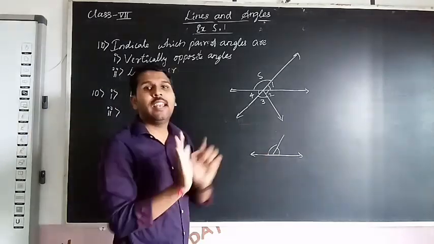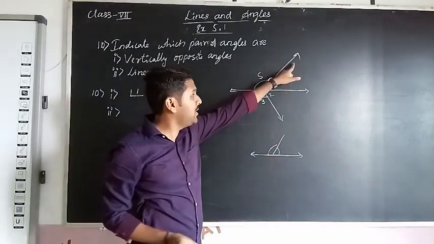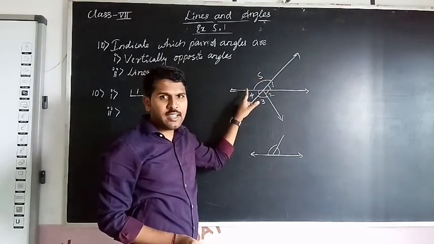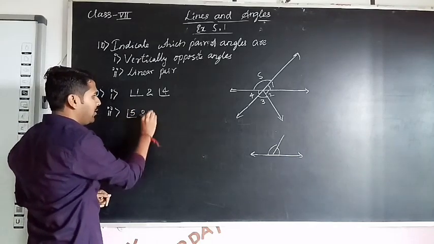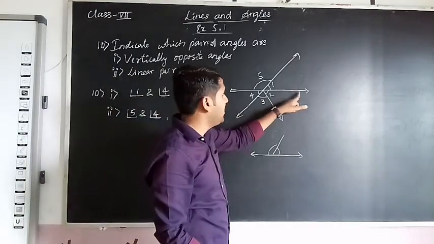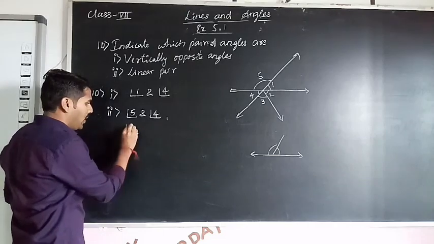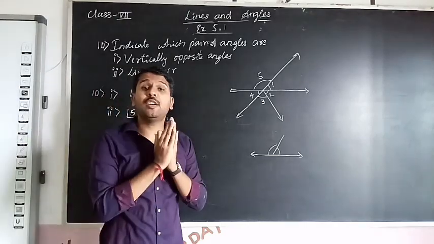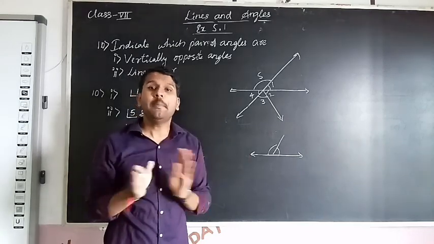So first find the straight line. This is a straight line, and 5 and 4 are the two angles formed. So these are a linear pair: angle 5 and 4. Next, this is also a straight line, 1 and 5. Just first find the straight line, you will get two angles, and those two angles are a linear pair.